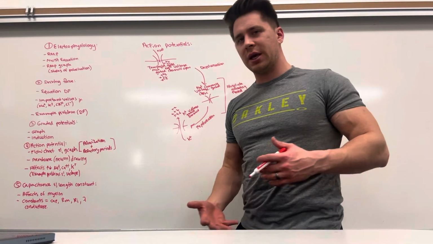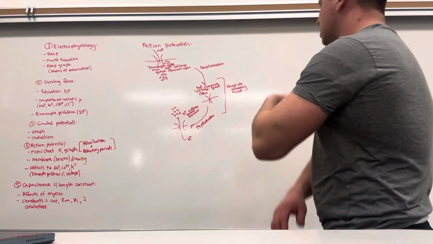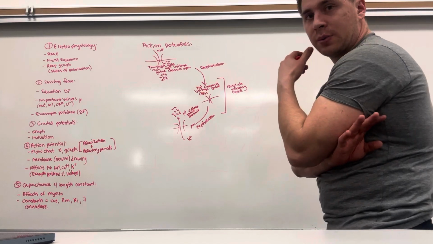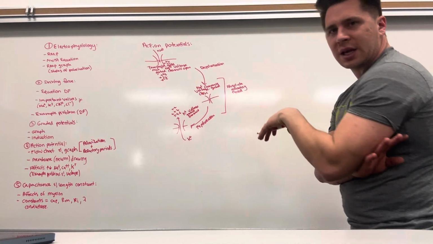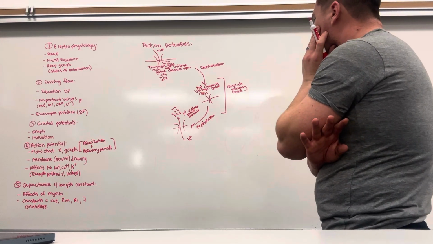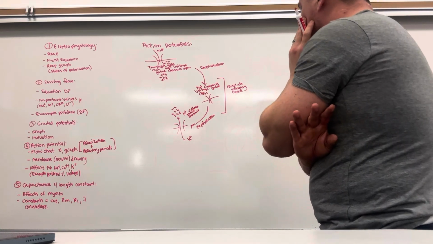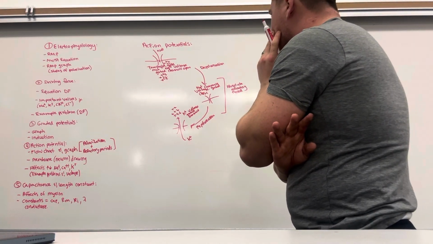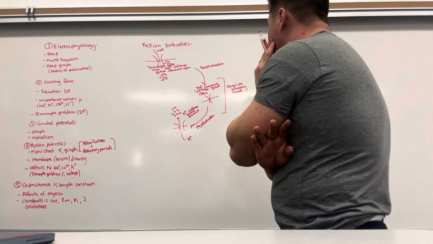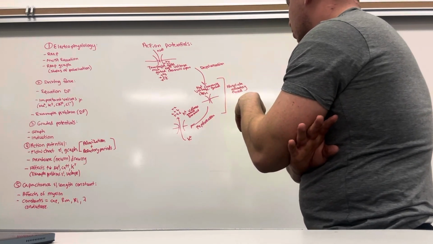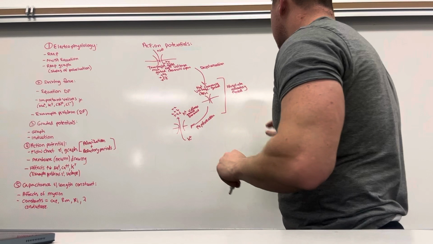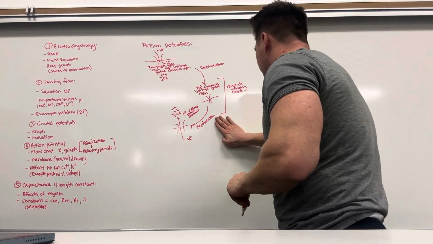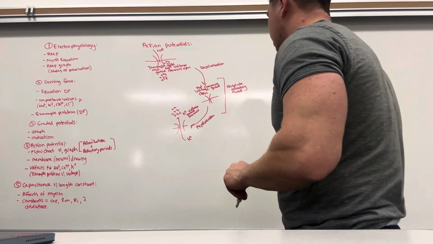It's redoing everything. And so what ends up happening is, in an absolute refractory period, you have no action potentials that can be fired at that time. And so we have this state of absolute refractory period where depolarization and repolarization are occurring, and then we don't have the potential for an action potential to occur, okay?